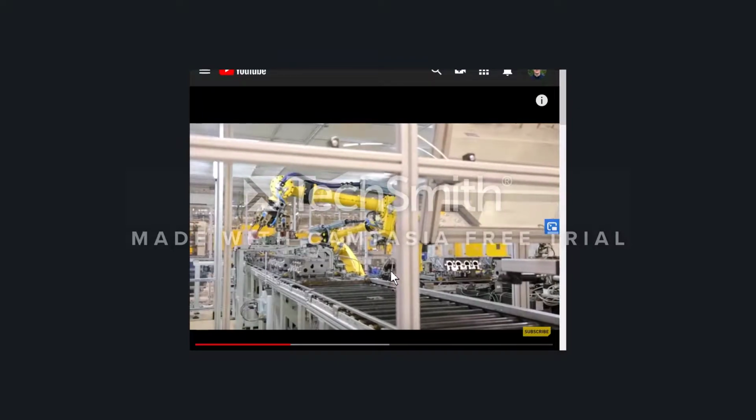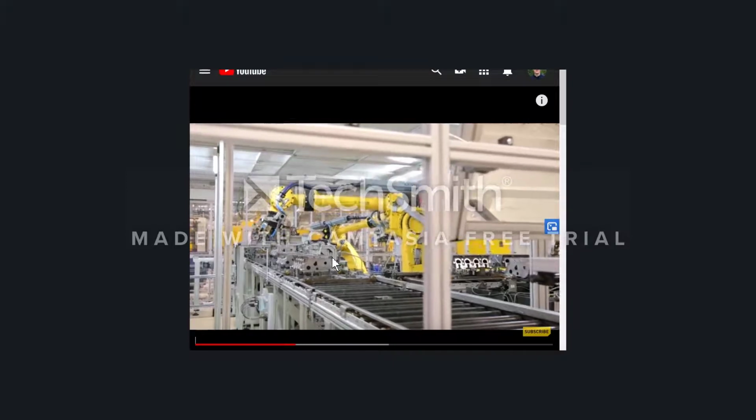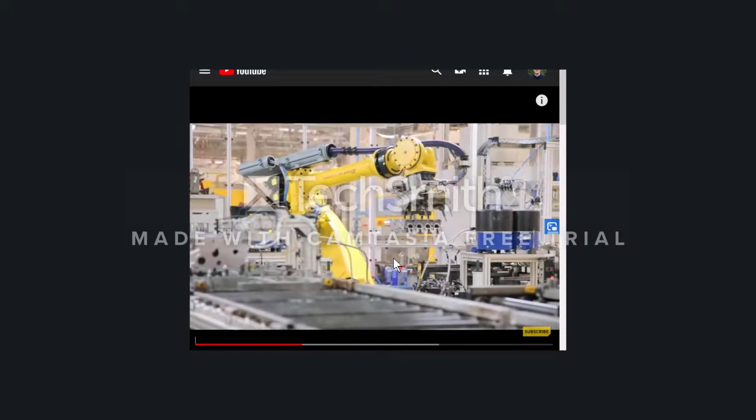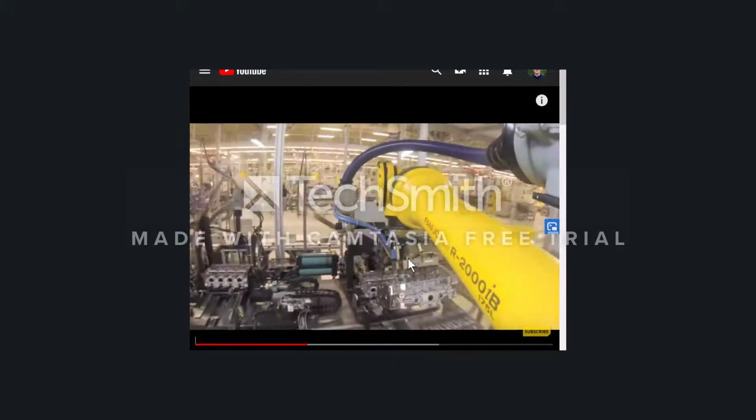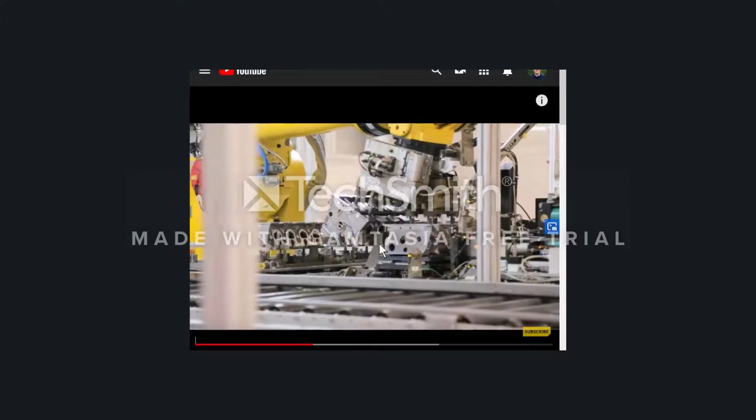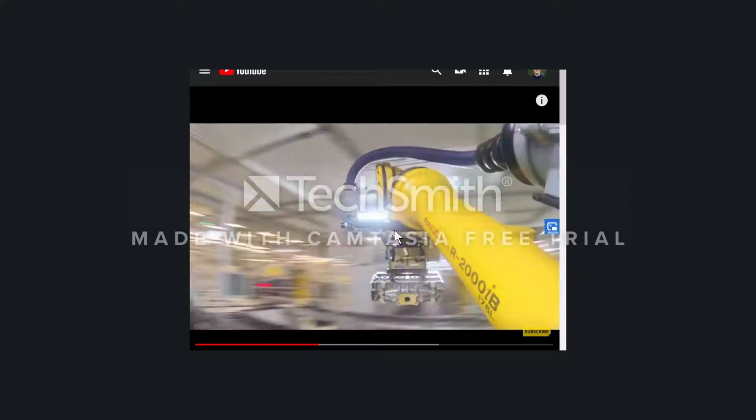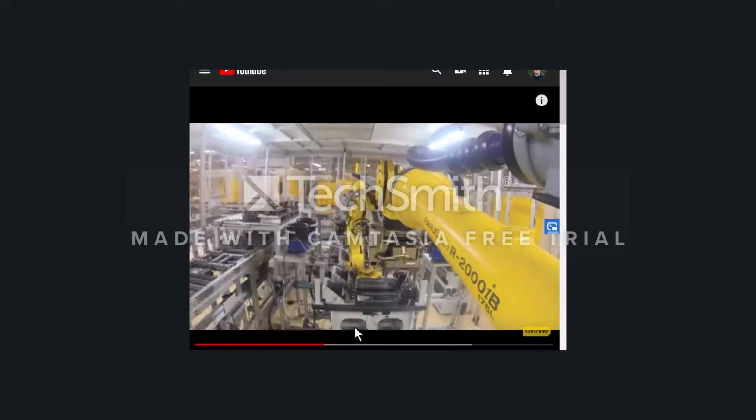So here you can see the robot in pick and place applications or material handling applications, where they use their ability to translate and reorient the parts in 6 degrees of freedom.